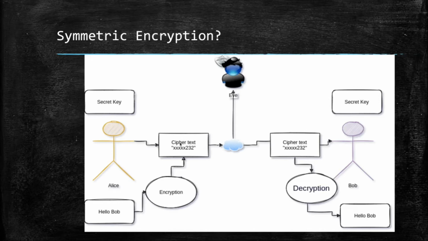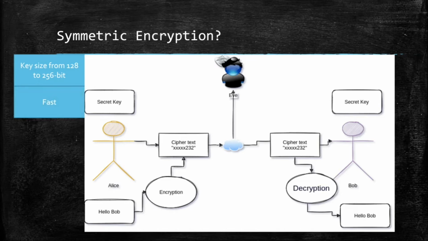Imagine that in this scenario Eve is able to get this ciphertext. He will not be able to decrypt it and see the right message because he does not have the secret key. Some advantages of this encryption: the key here is very small, from 128 to 256 bits, which leads to fast communication.